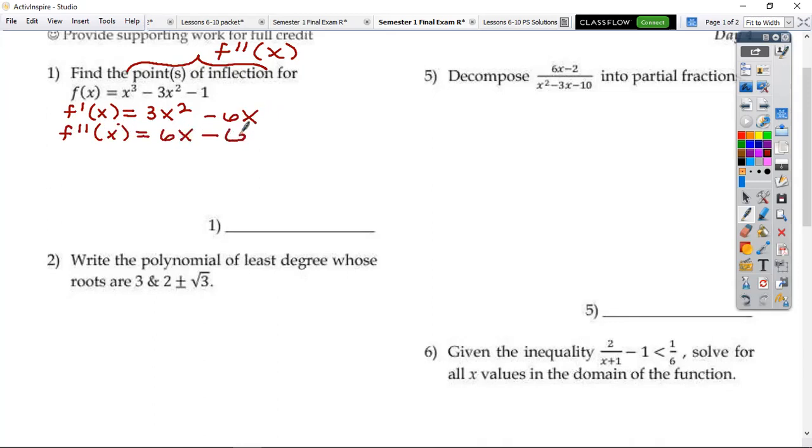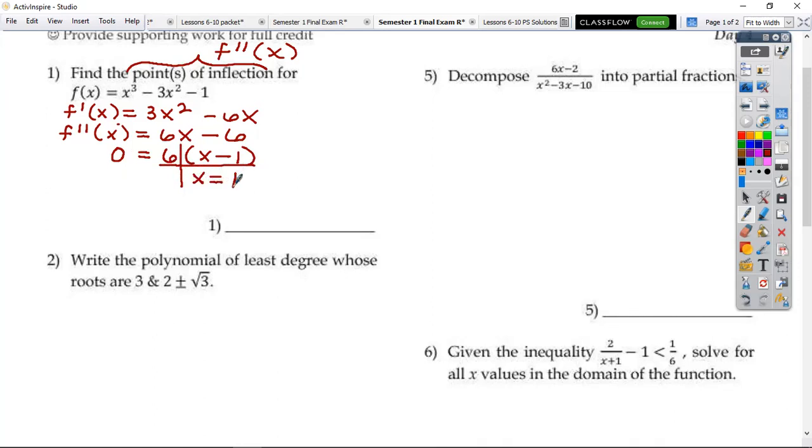Derivative of -6x is the 6. Now you're going to continue and set this equal to 0, factor and solve. 0 is equal to, I'm going to GCF a 6 out of this, leaving me with x minus 1. So you're going to t-chart, and the only value here we have is that x equals 1.